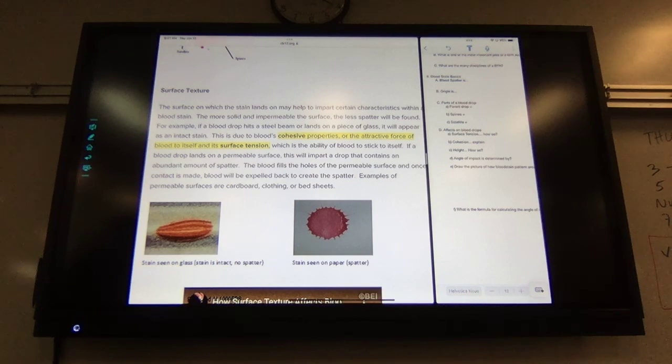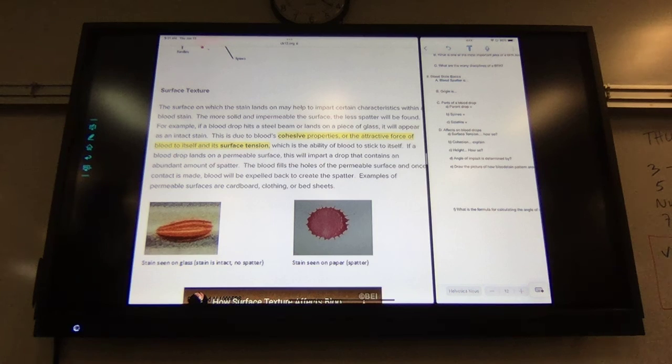A molecule that has a slightly positive side and a negative side is magnetically attracted to the opposite. So one side of water is slightly positive by the hydrogens. Oxygen is slightly negative, and so they stick to opposite water molecules on the opposite sides. That's cohesion. Cohesion is the attractive force of a polar molecule.